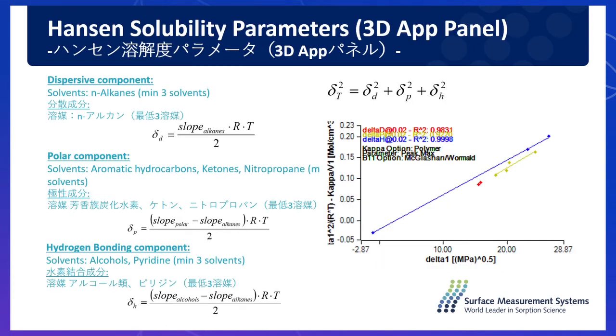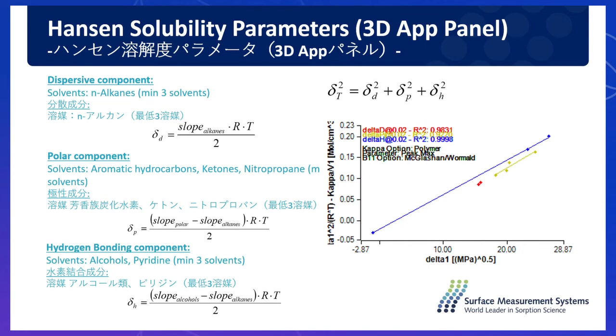The Hansen solubility parameter set contains the three different contributions: the dispersive, polar, and the hydrogen bonding component. To determine all these different contributions, you need to inject different organic vapors like alkanes for the dispersive, for the polars, aromatic hydrocarbons, ketones, and so on.